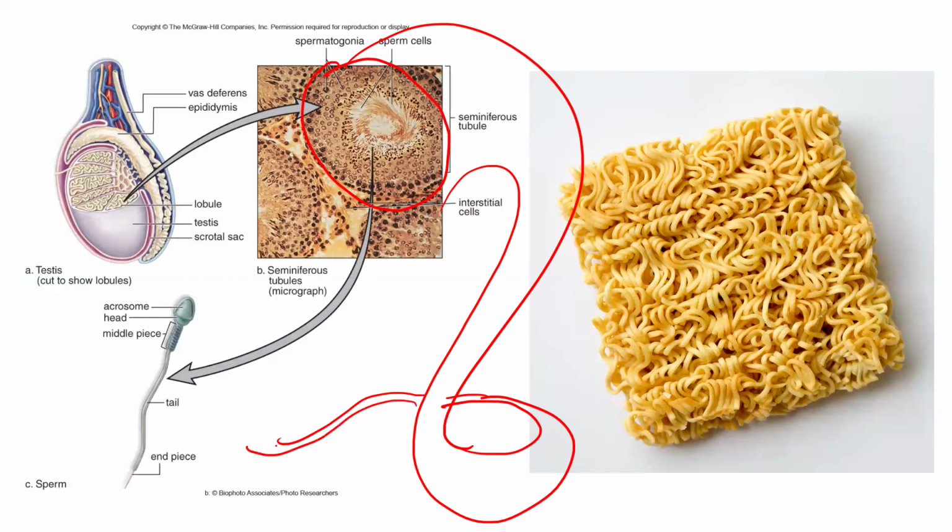Do you guys understand my drawing? Sometimes I wonder if my drawings are good enough to convey the information I want to tell you. So that's the inside, and all these lines you see, those are the sperm tails. All right, that's it.